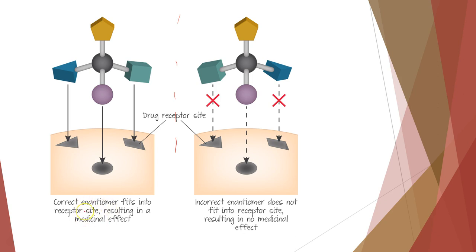So the correct enantiomer will fit like a key into a lock, whereas the incorrect enantiomer doesn't fit quite as well. It may have some bonding interactions, so this is how we can see that it elicits some effect, but the interactions aren't exact, they're not specific, so it can result in no medicinal effect at all or a detrimental effect.